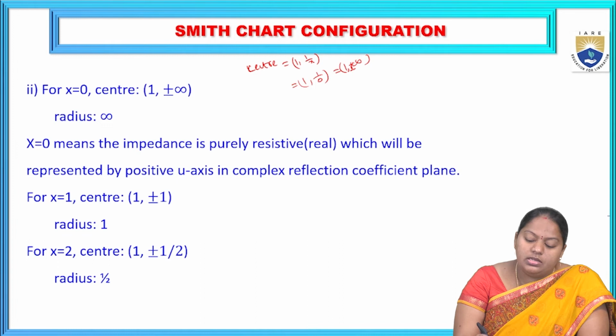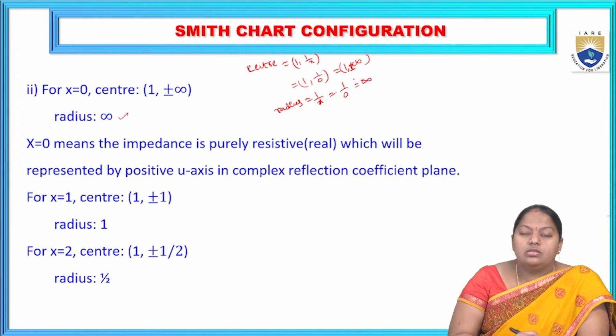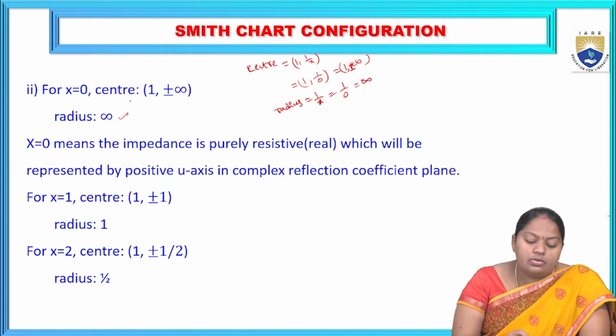That's why we consider it as plus or minus infinity, so whether x is positive or negative, we consider both values. The radius, given by 1 by x, gives infinity. So for x equal to 0, center equal to (1, plus or minus infinity) and radius infinity. x equal to 0 means the impedance is purely resistive, a real value, which is represented by the u axis in the complex reflection coefficient plane.